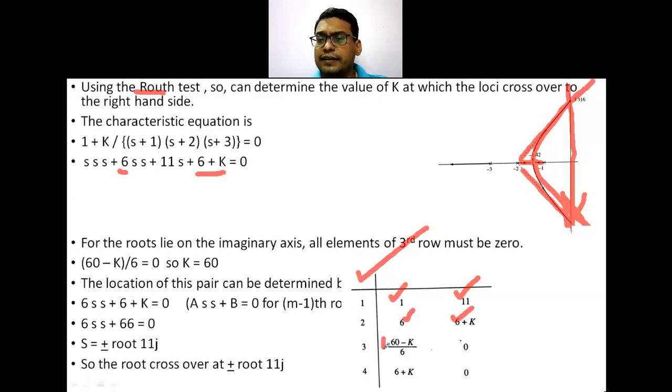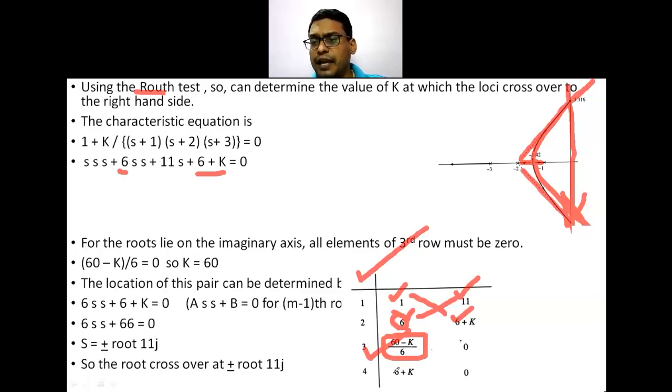Then this value is calculated by 6 into 11 minus 6 plus k, divided by 6. So you will get 60 minus k upon 6. For this, 6 into 0 and 1 into 0 become 0.